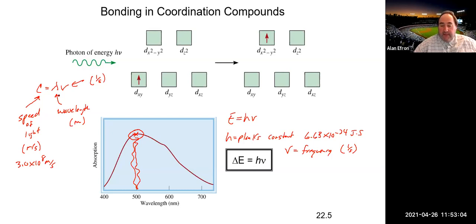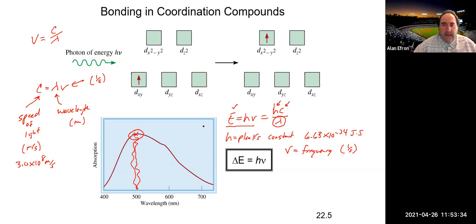We could use this relationship and this relationship and solve for frequency. Frequency would equal c divided by the wavelength, which means we could also write E equals hc divided by the wavelength. So if you know the wavelength of light, you can figure out the energy, or the crystal field splitting, as h is Planck's constant and c is the speed of light.